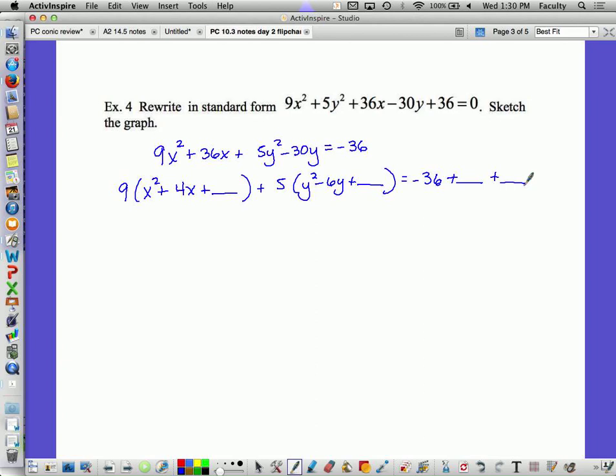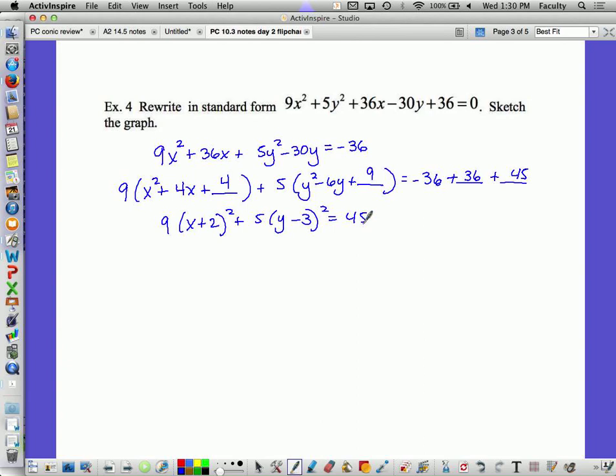All right, is everybody with me? So I'm going to take half of 4, which is 2, and square it. But I'm adding 36. I take half of 6, which is 3, and square it, which is 9. That's 45. So this is 9 times x plus 2 squared plus 5 times y minus 3 squared equals 45.